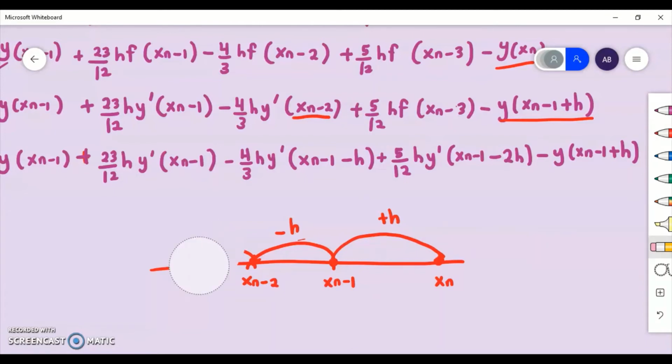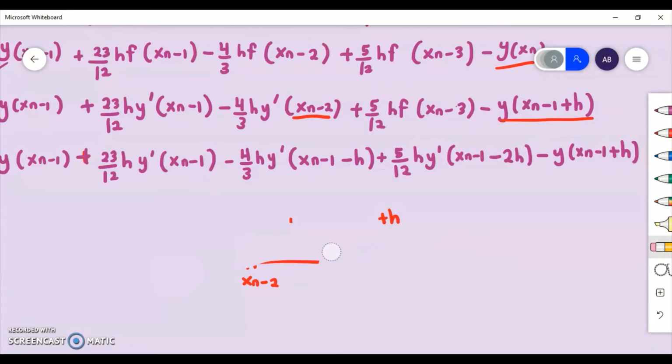Okay, if everything is clear now, what we do here, we just have to expand 3 terms for x_{n-1}. So let's do that.